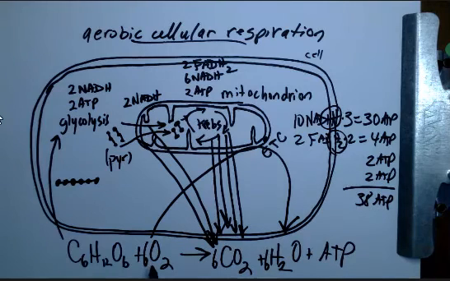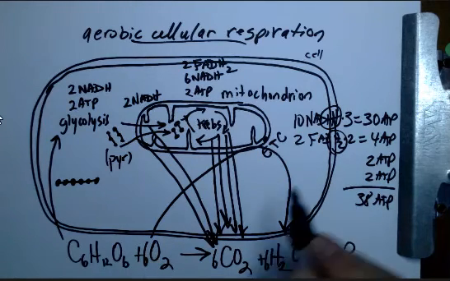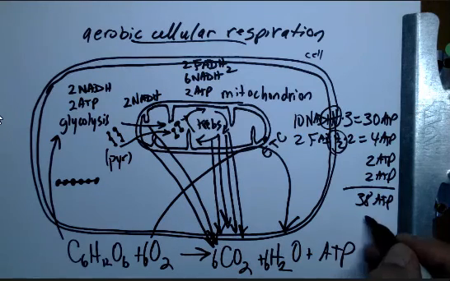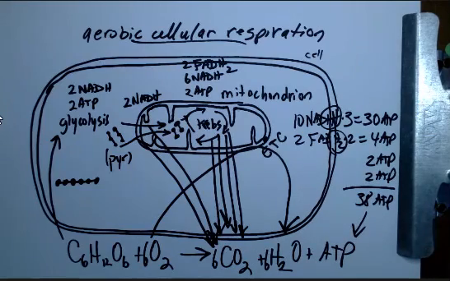So if you add oxygen to hydrogen, what do you get? A high quality compound called H2O, and in this case we get 6 of them from the complete oxidation of 1 molecule of glucose, 6 molecules of oxygen, and we also get 6 CO2s, and we get ATPs. You've seen that, about 38 ATPs.